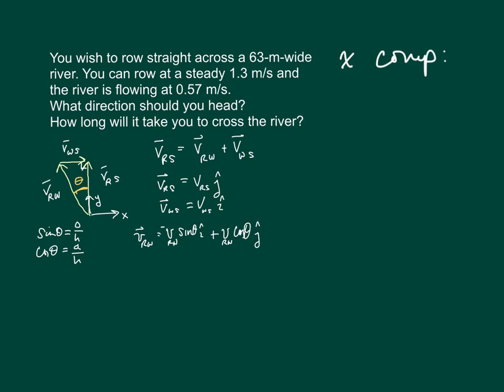There we go. So we're going to have a 0 equal to the vector of the rower with respect to the water, which is going to be our minus V_RW sine theta. And then the final term is the vector of the water with respect to the shore, and that's just the magnitude V_WS.